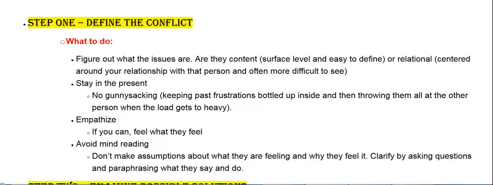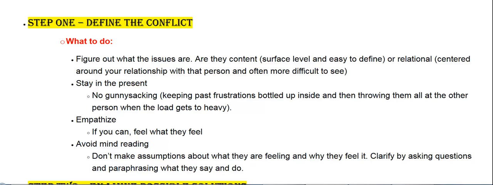A relational issue is centered around your relationship with a person, and it's often a little bit more difficult to see. So, for example, I might say to my husband, I'm sick and tired of you throwing your socks on top of the hamper instead of in the hamper. Maybe you've experienced a conflict just like this. Well, let's say that's our conflict.